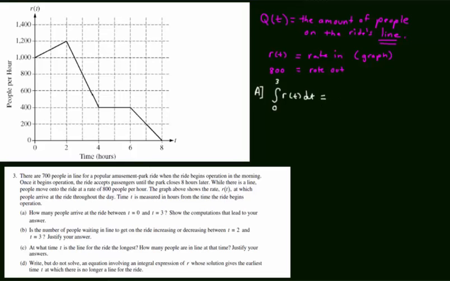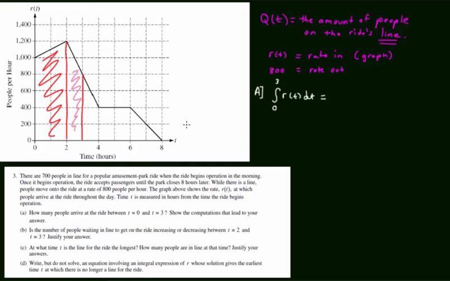In an effort to find this, we're going to come over to our graph, and we have to appeal to geometry to find this integral. If you see here, I'm looking at this as two different trapezoids. The first trapezoid being here, and the second trapezoid being here.